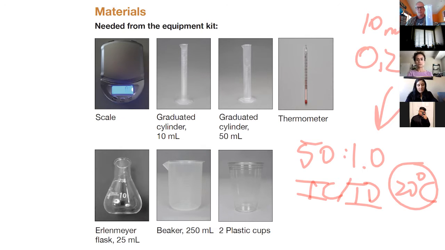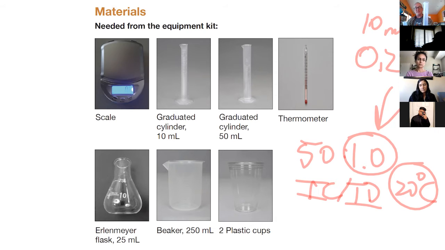Because of the ticks. So what are the ticks? What does each tick on the 50 milliliter cylinder indicate? 1 milliliter. Right, exactly. 1 milliliter. So there's exactly the same number of ticks on the 50 and the 10. They both have exactly 10 ticks across them.